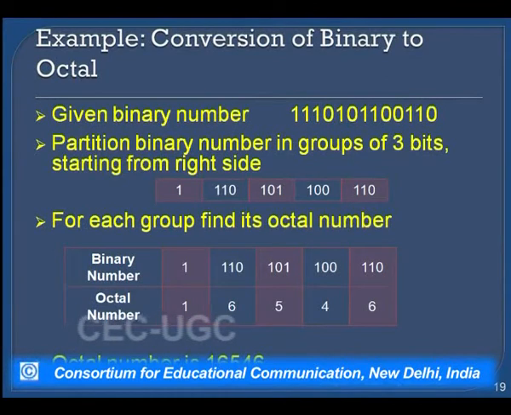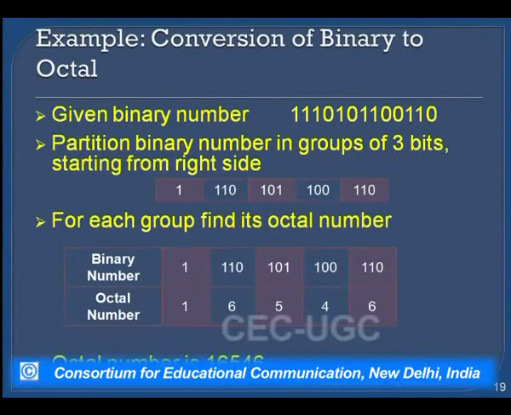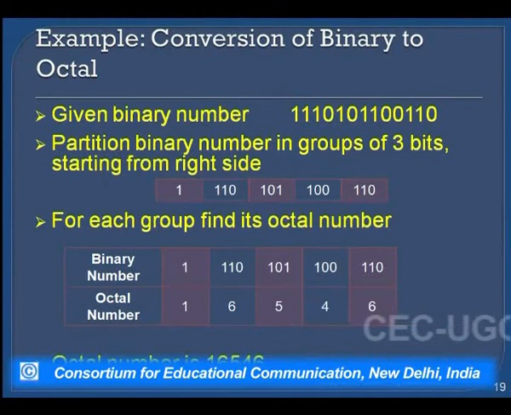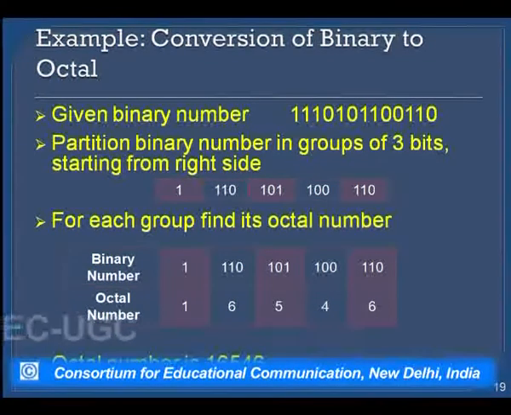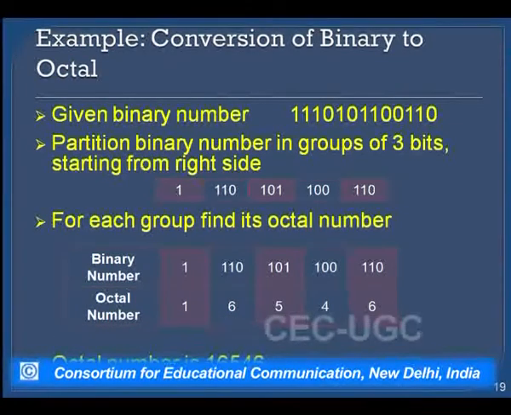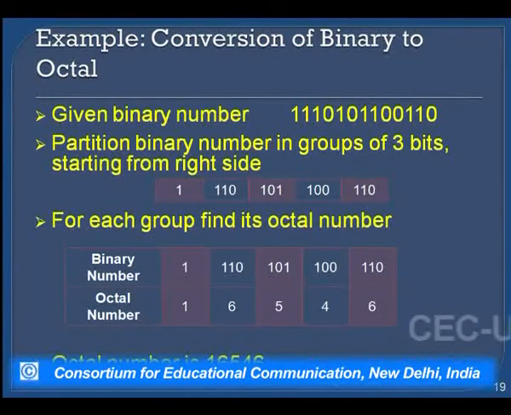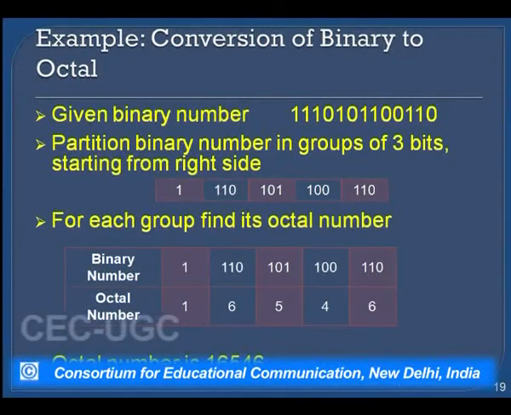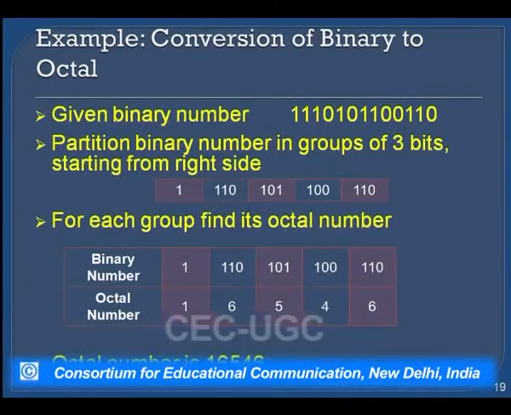Whatever digit is there on the left will come as it is. So, we made groups of 3 each, and then for each group we find the corresponding octal digit. So, 110 is 6, 100 is 4 and so on. So, now the octal number represented is 16546.